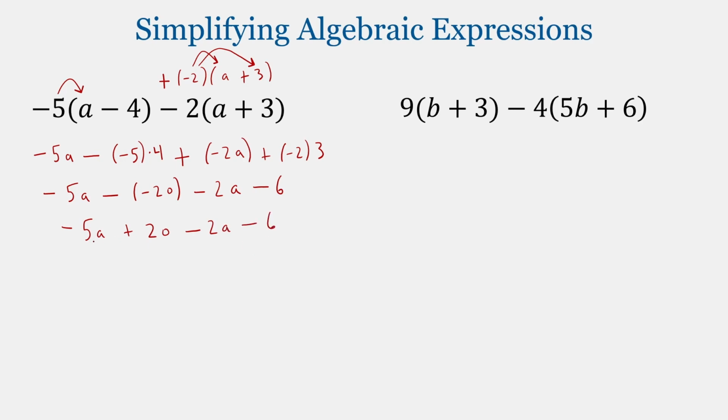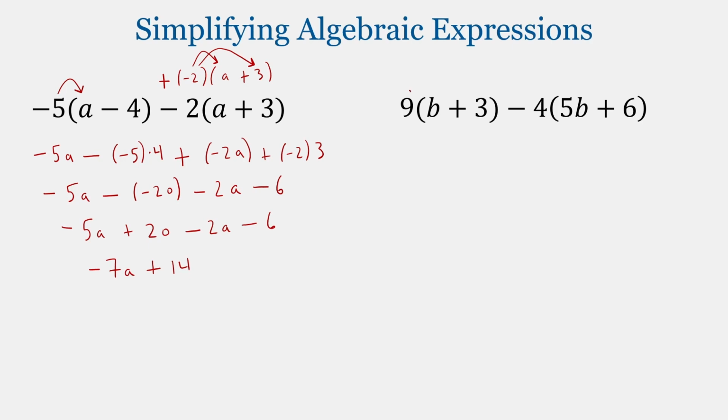Now we'll combine like terms. So we have a to the first power twice. So negative 5a minus 2a is negative 7a. And then 20 minus 6 is 14. So we end up with negative 7a plus 14.